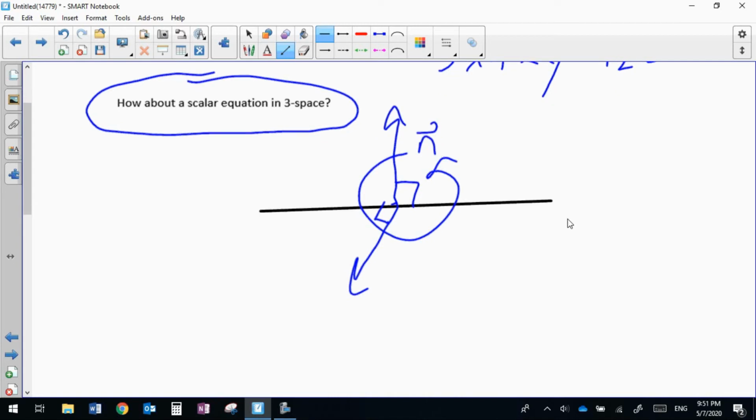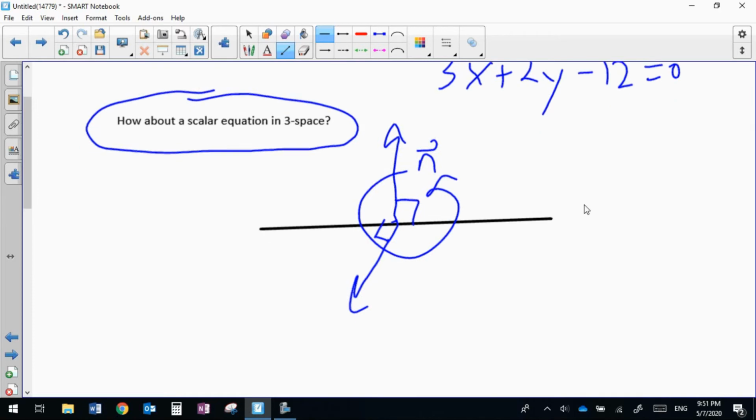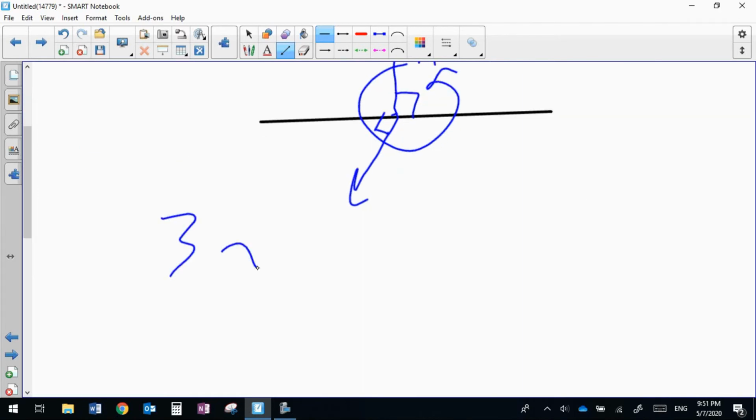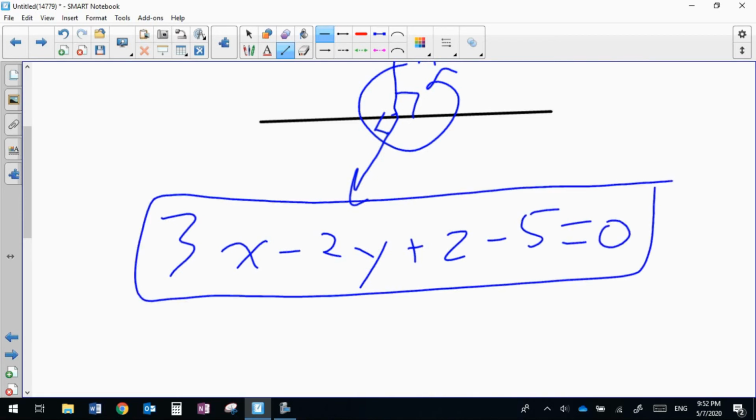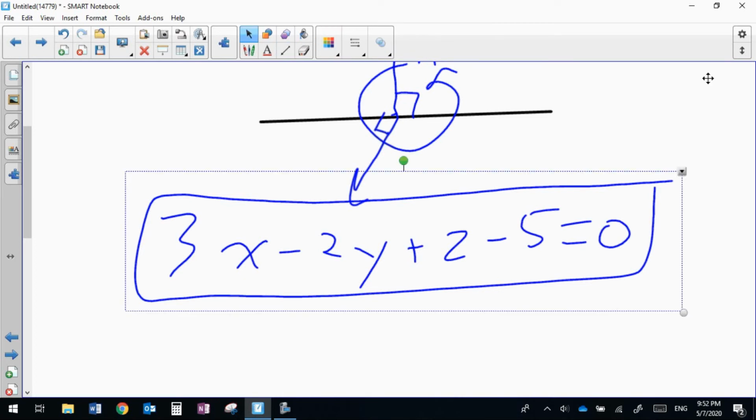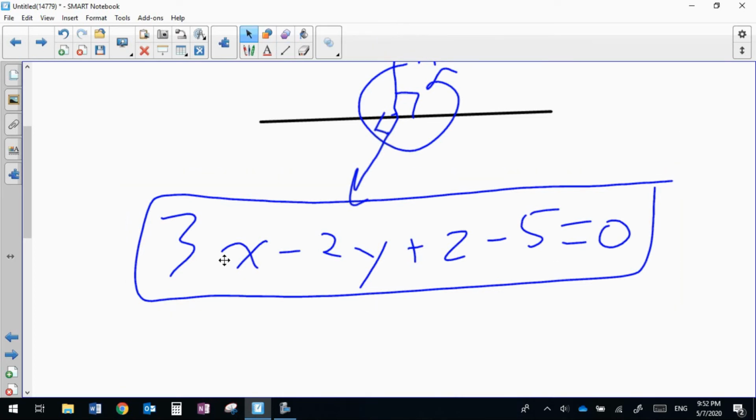The other reason is quite simple. If there was a scalar equation in 3 space, you would probably assume it looked something like this with x, y, and z. Well, if you were to find all of the x, y, and z values that satisfied this equation, one of them, for example, is 0, 0, 5.